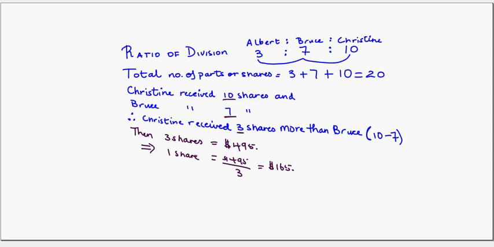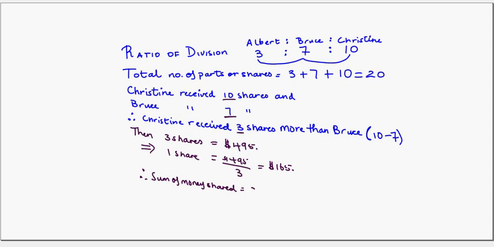But why is it important to find 1 share? If we find 1 share, we could answer the question, which is the sum of money shared. To get the sum of money shared, therefore, the sum of money shared would be equal to whatever the total number of shares is, which is 20, times what 1 share is.